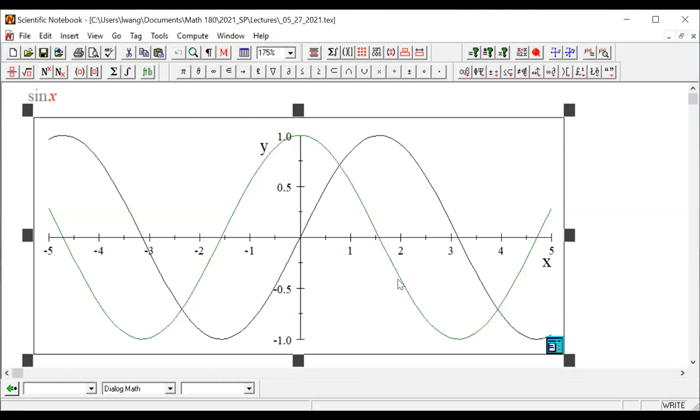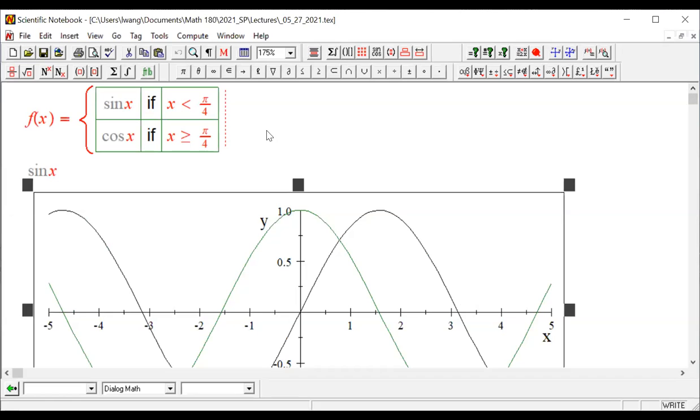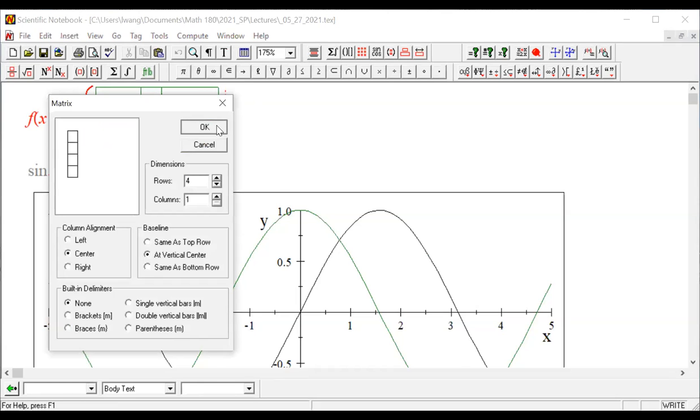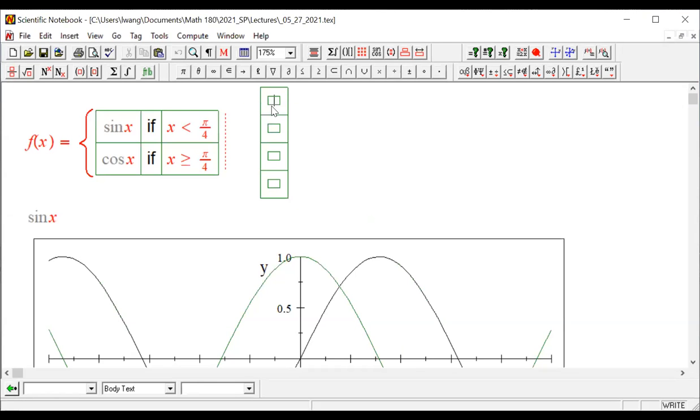And of course you cannot have both pictures. You have to find pi over 4. So you need to evaluate, we want to evaluate what is f of pi over 4.